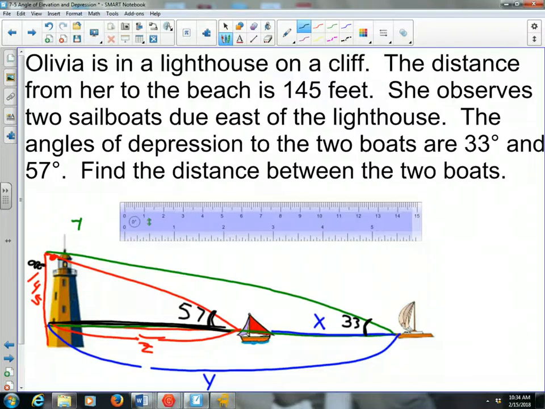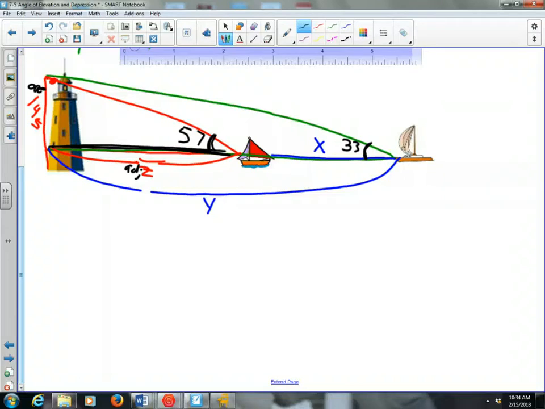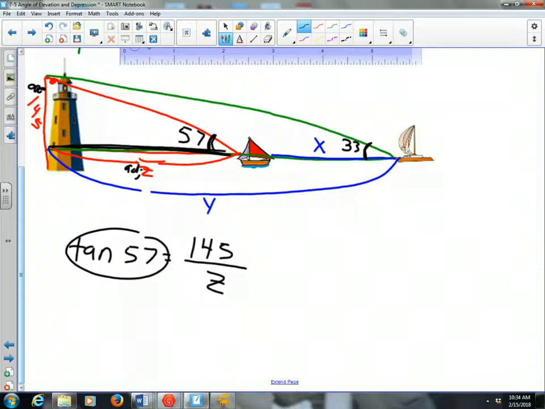145 is opposite, z is adjacent, so I'm going to use the tangent. The tangent uses opposite over adjacent. So the tangent of 57 degrees equals opposite 145 over the adjacent side, which we'll call z. I'm going to move this down here. Z, you're going to move up top.